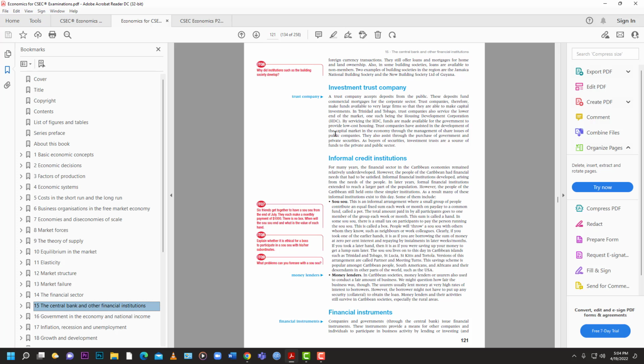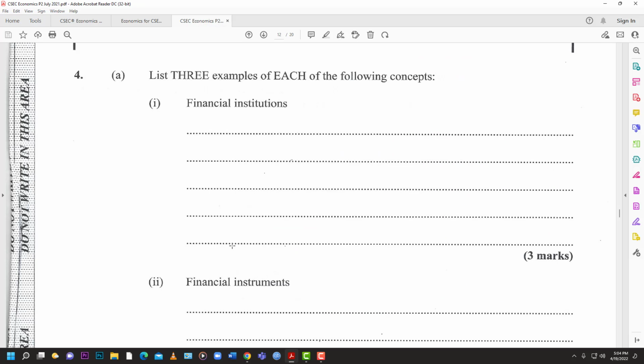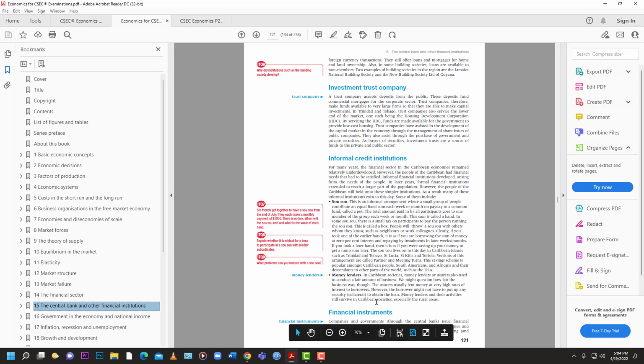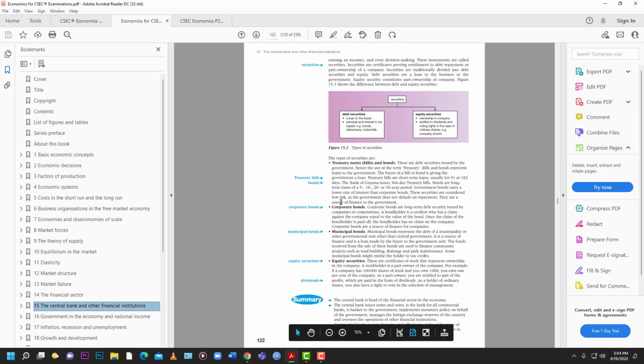And then the next question asks us to look for financial instruments, right? So we have to list 3 examples of financial instruments. Once again, our textbook has it right here, chapter 15. So we scroll down, and we see a whole bunch of them. You have your treasury bills, treasury bonds, corporate bonds, municipal bonds, and equity securities like stocks and shares.